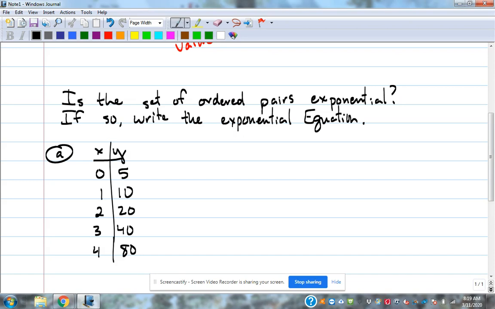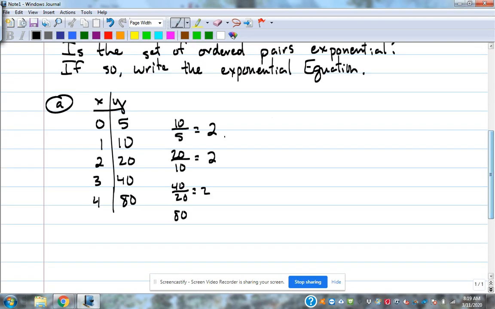But exponentials have what's called a common ratio. So the ratio of the y values, 10 over 5 is 2, right? What's 20 over 10? What's 40 over 20? Notice it's the same every time.